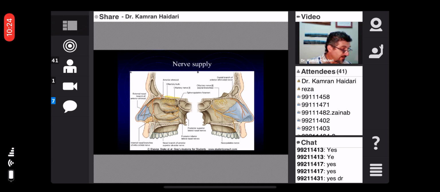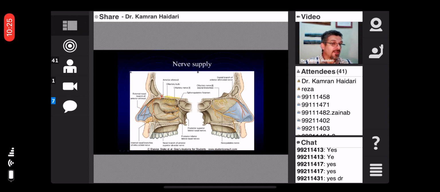Nerve supply of the nasal cavity consists of two classes or two categories, because we have a special nerve supply and we have a general nerve supply for the nasal cavity. Nerve supply is provided by nerves.